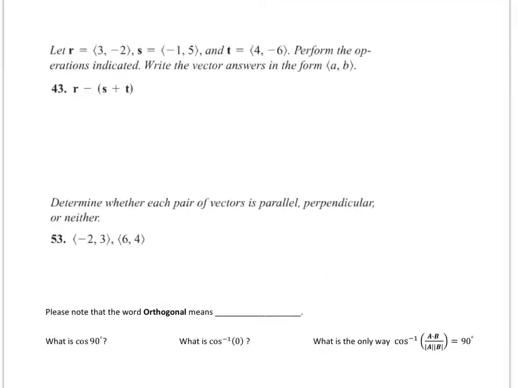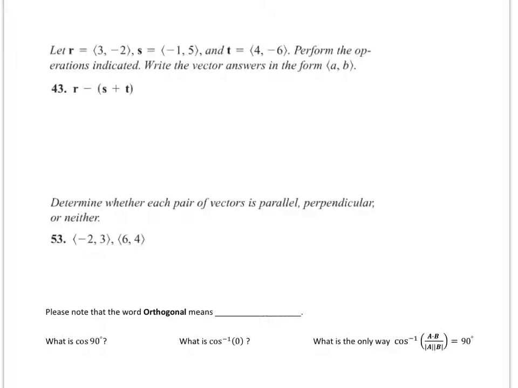Okay, so in the next example here, we have vectors that are in component form, and we want to perform our operations indicated. Then we want to write our solution vectors, our resultant vectors, in component form. So we have R minus S plus T. So order of operations, right? We're back to Math 101 here.